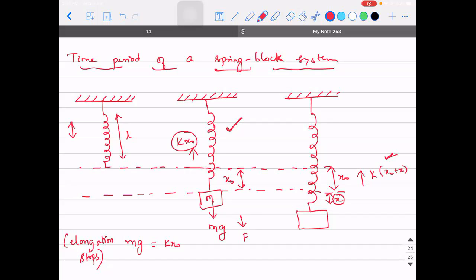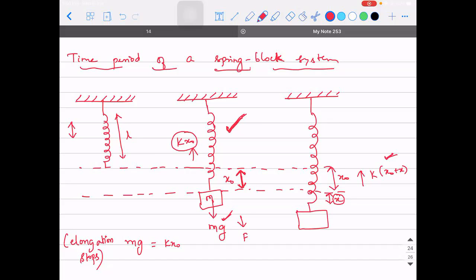So, what I'm trying to say is, if it is only the spring and the block system, that is like how it happened in case number 2. When I just connected the block and left it, the block brought the spring to such an extent and tried to balance when the weight of the block was exactly equal to the restoring force.